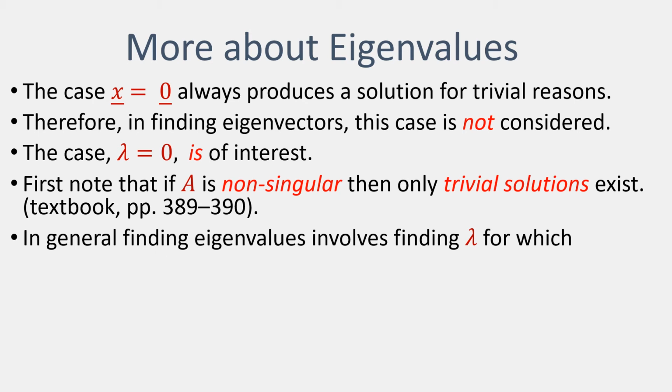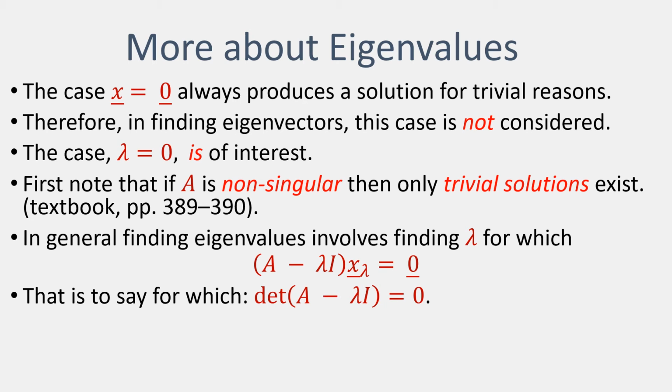In general, finding eigenvalues involves finding scalar values which satisfy this identity. When we take our matrix and subtract the identity matrix multiplied by some scalar, then we can find some vector for which the outcome of multiplying this matrix by that vector is the 0 vector.